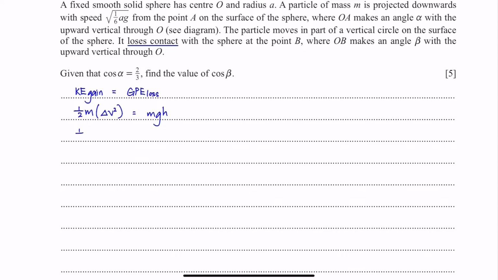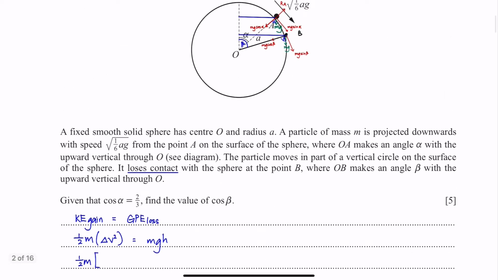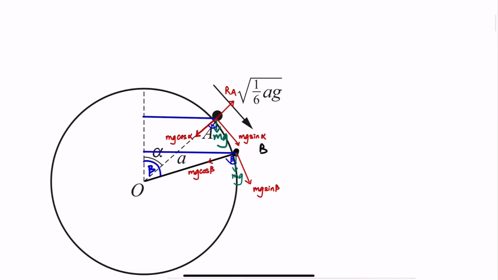So we have half m. For the change in v squared, we know that initially we have a speed of root 1 over 6 ag, right? And the final speed at B is unknown.